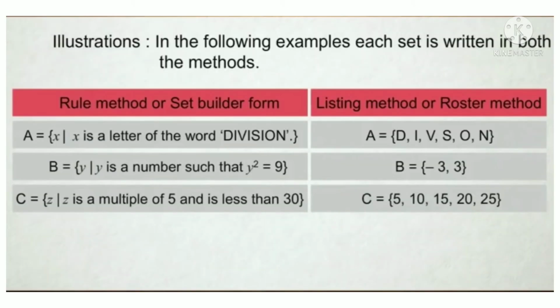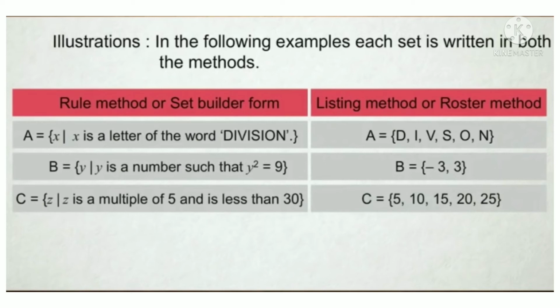Illustrations. In the following examples, each set is written in both methods. Rule method or set builder form: A is a set of x such that x is a letter of the word division. B is a set of y such that y is a number where y squared is equal to 9. C is a set of z such that z is a multiple of 5 and is less than 30.